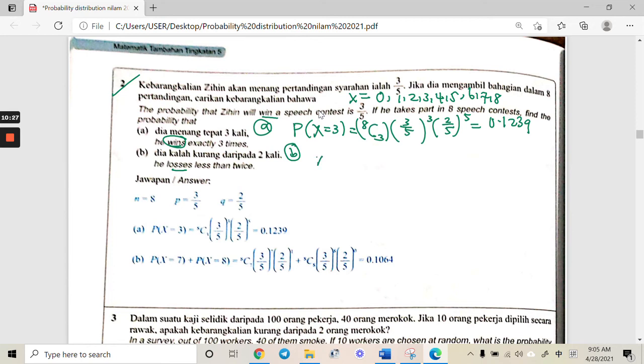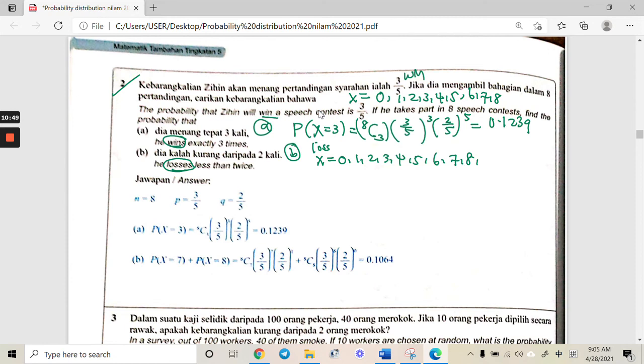So I will do again. So x equals to 0, 1, 2, 3, 4, 5, 6, 7, 8. Okay, until 8 only because testing 8 times. And this x is follow the question. I talk about loss. Just now is win.